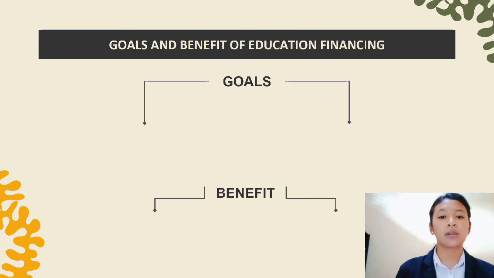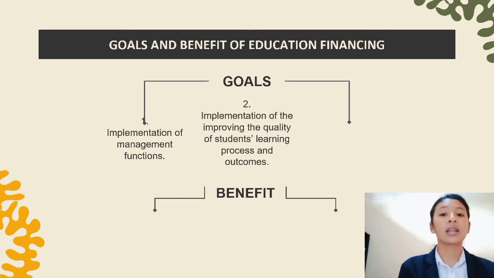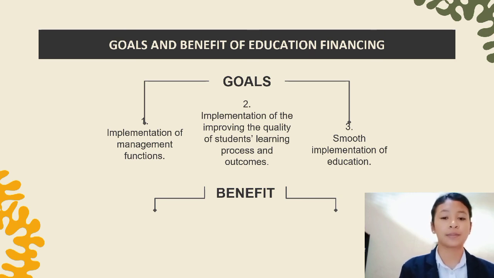The next material is about the goals and benefits of education financing. The goals are, first, the implementation of management functions. The second is improving the quality of students' learning process and outcomes. And the last is the smooth implementation of education.